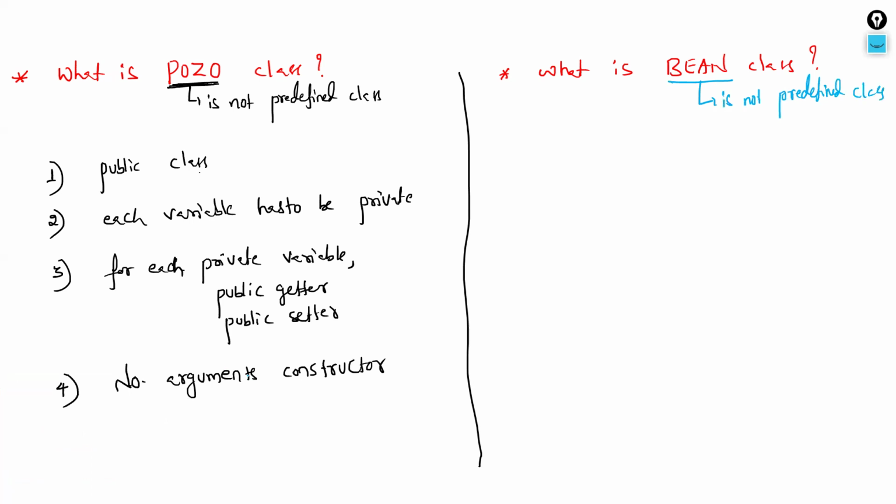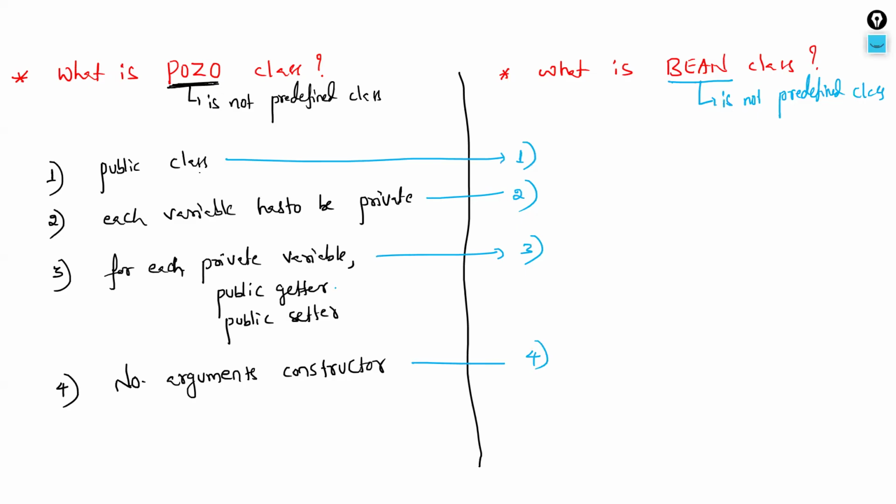Which class is called a bean class? The class has to be a public class, same first property. All variables have to be private, same property. For each private variable there should be one public getter and setter, same property. Then it should have a no-argument constructor also.